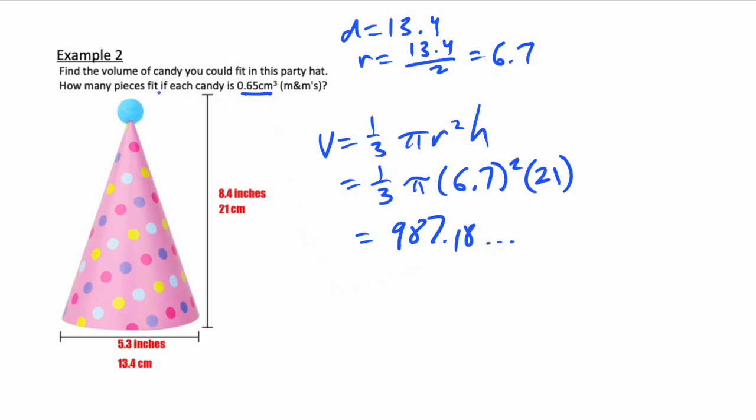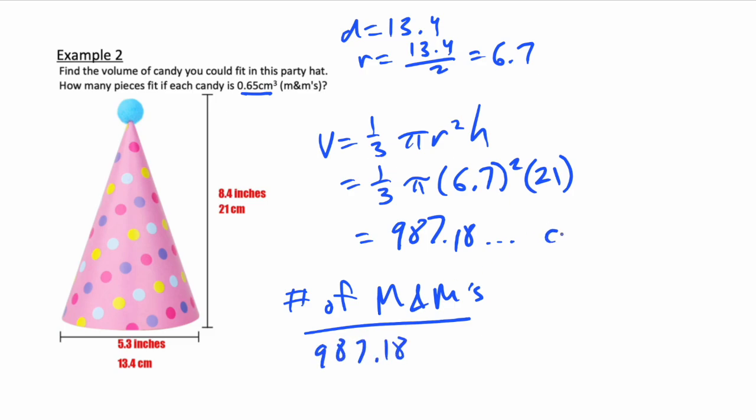Let's use that exact number to answer the question, how many candies can fit in there? So the number of M&Ms is going to be this number, 987.18. That's cubic centimeters. We can just divide by 0.65, and that'll give us our answer.